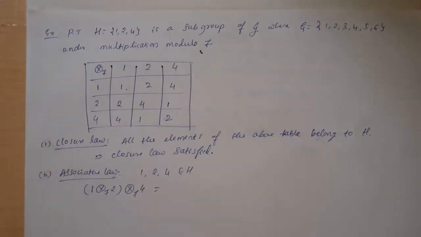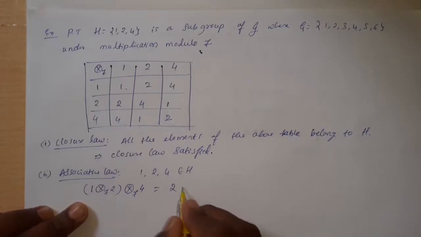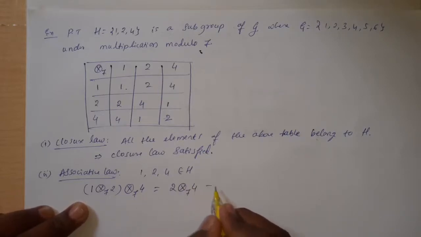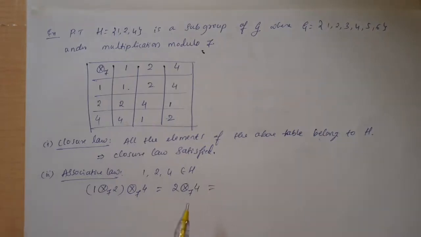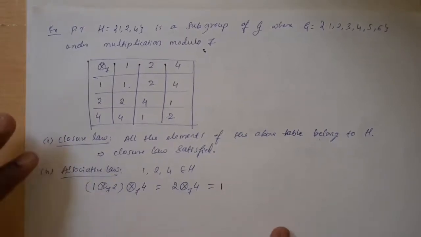Now find the value of this one. Here 1 into 2 is equal to 2, which is less than 7, then multiplication modulo 7 and this 4 as it is. So here 2 into 4 is equal to 8, but the product is greater than 7, then we need to divide that 8 by 7, then consider the remainder, that remainder is equal to 1.